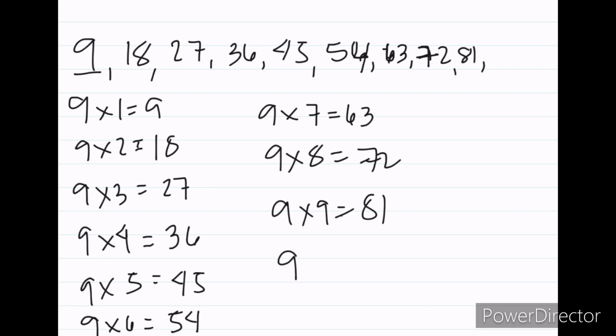And next, 9 times 10 equals 90. And so on. Just continue to multiply. 9 times 11, 9 times 12, 9 times 13, 9 times 14, and all the products of that are the multiples of 9. So that's how to solve and identify the multiples of a number.